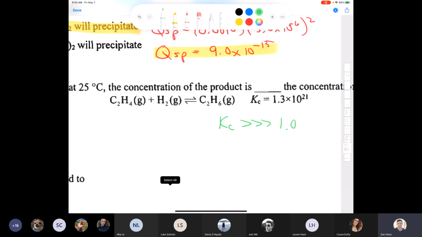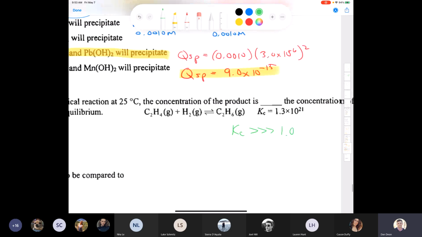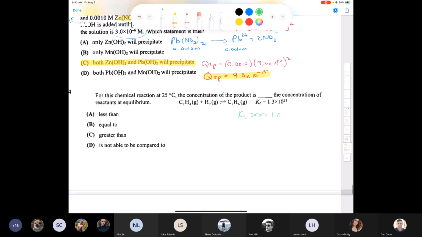It's huge. If my Kc is huge, which side will the reaction lie to? Will it lie to the side of the products, or the side of the reactants, if my Kc is 10 to the power of 21? It's going to be mostly products.